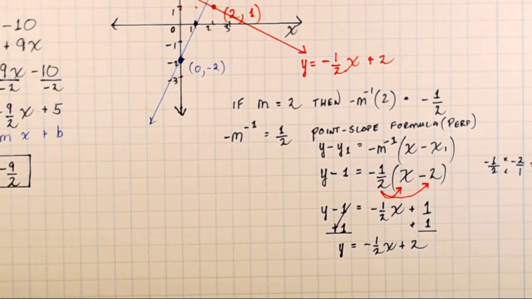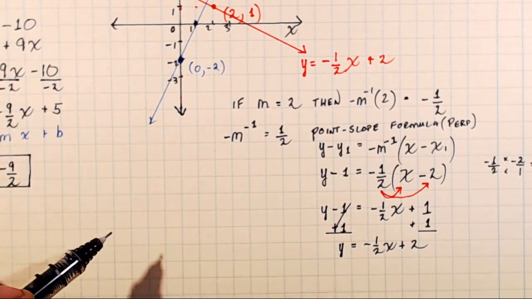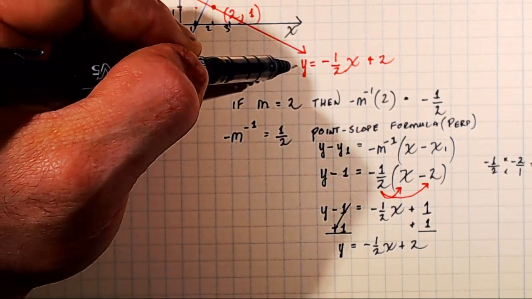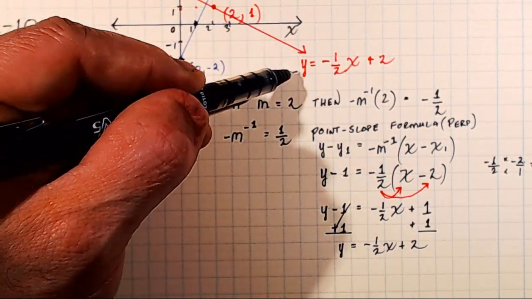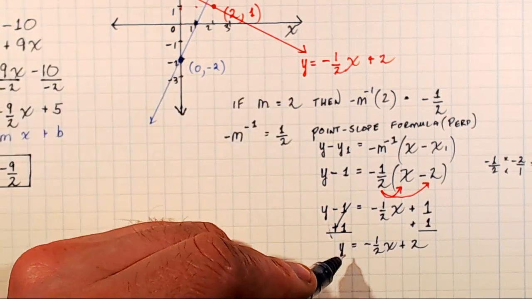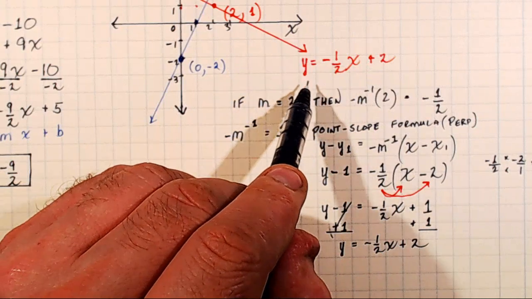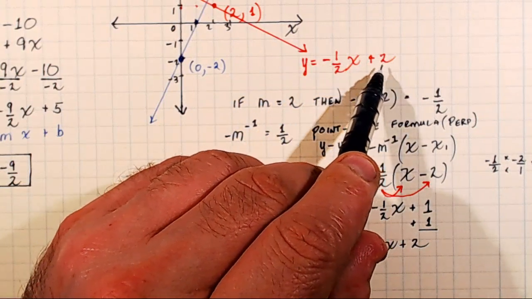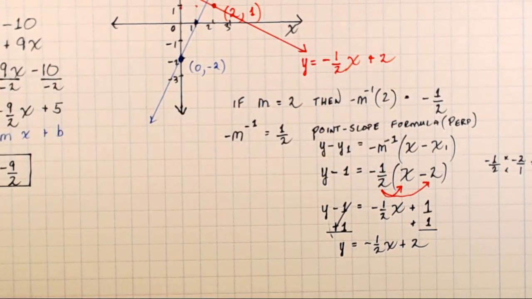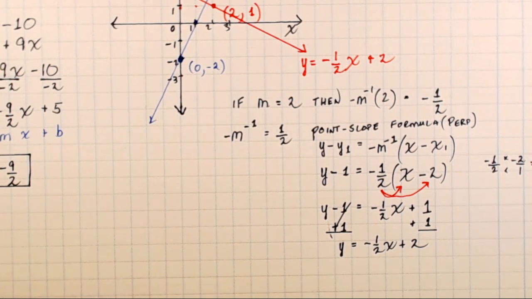Now, it would be lovely if that was the answer, right? That is actually the equation of the line. The cool thing is it matches. If you freeze frame the video here, you have y equals negative 1/2 x plus 2. This is what we estimated visually, y equals negative 1/2 x plus 2. That's a good indicator that we're probably right, okay?